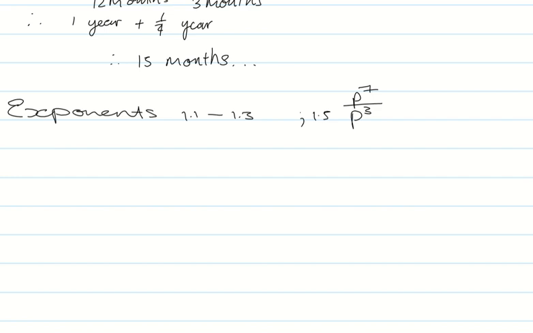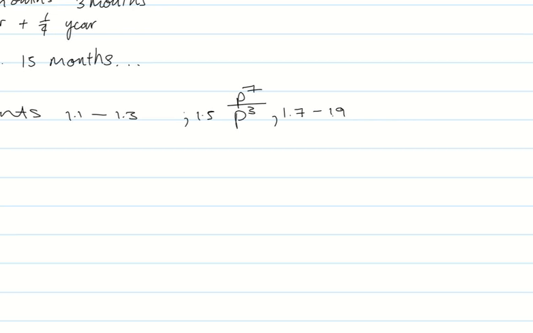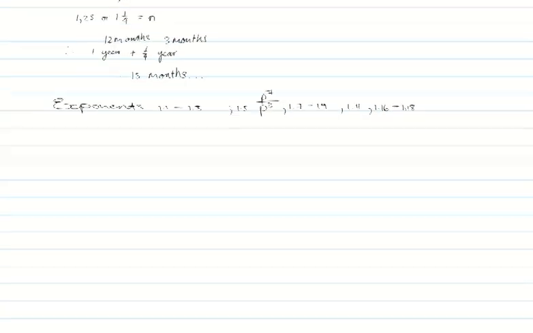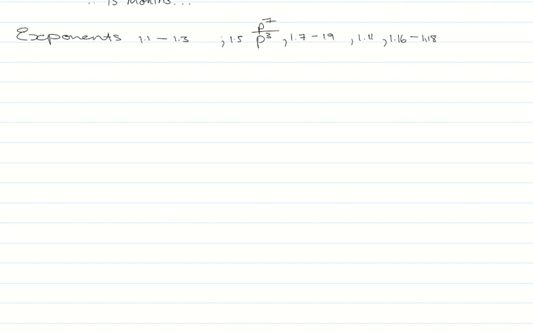Exponents page, so this page right here. Alright, and then the next one is going to be, listen to me, number 1.7 until 1.9, and then number 1.11, so you can circle that on your page, and then number 1.16, 1.17 and 1.18.